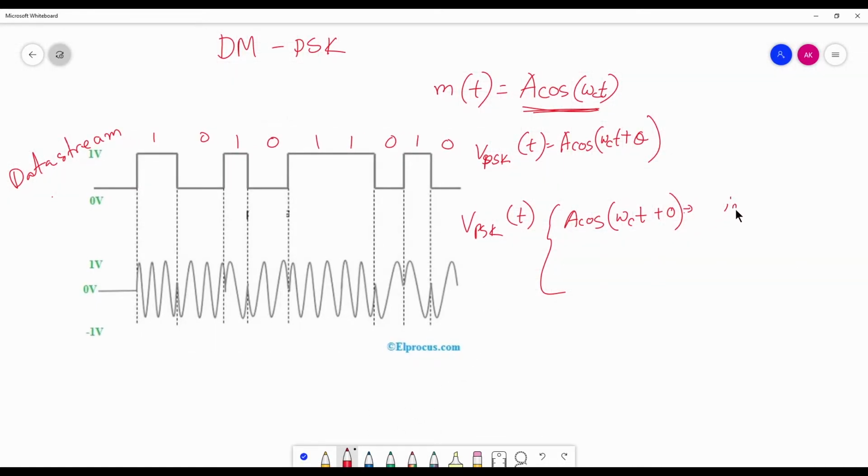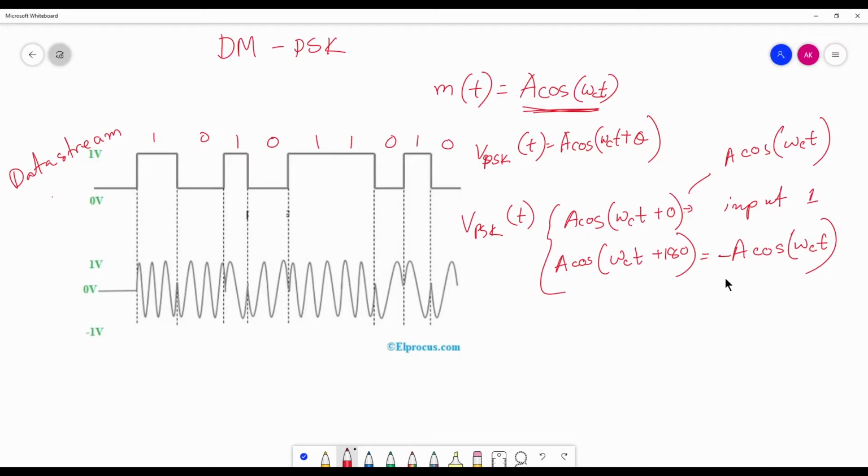And we have a phase shift when the input is 0, which will be actually minus of a cos ωct.